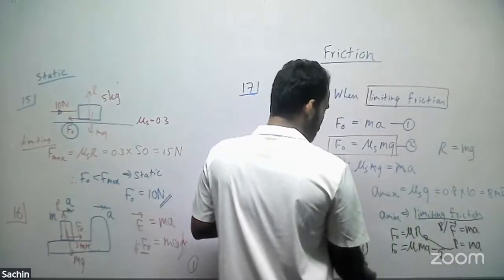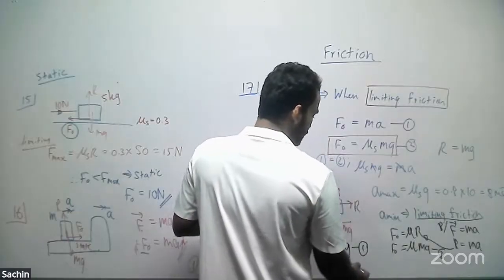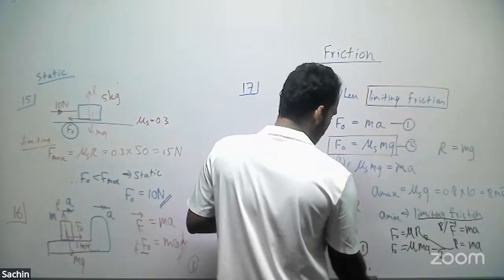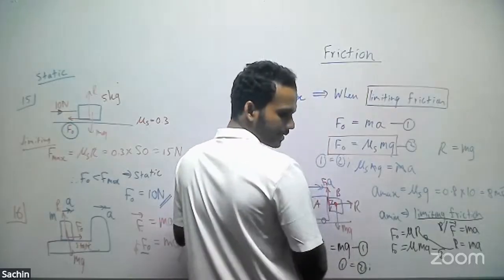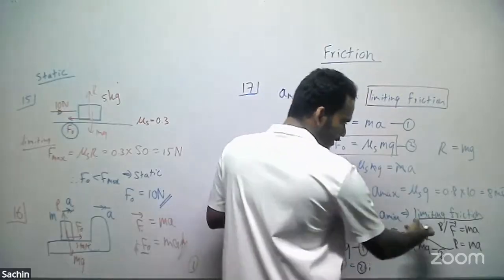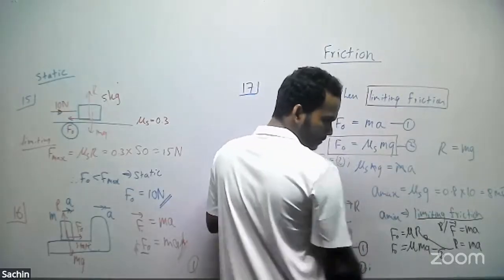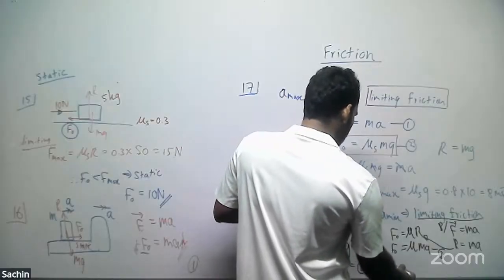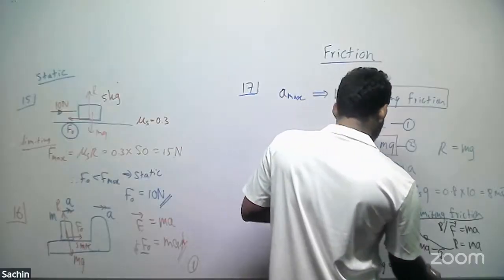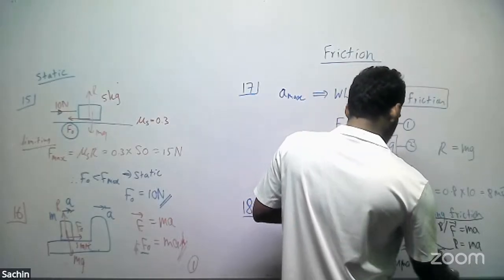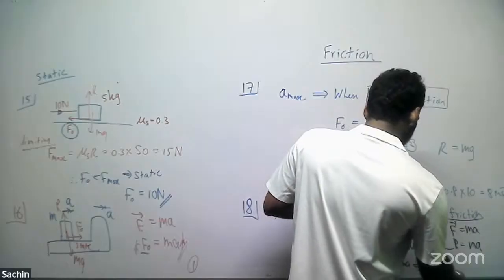So you have two equations. When the limiting friction is involved, you can obtain two relationships for the friction: one from the static condition, the other from the limiting friction formula, mu R. When you make these equal, mg is equal to mu ma. So acceleration is equal to g over mu.